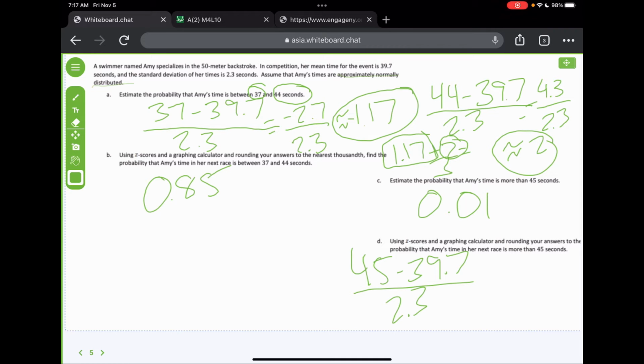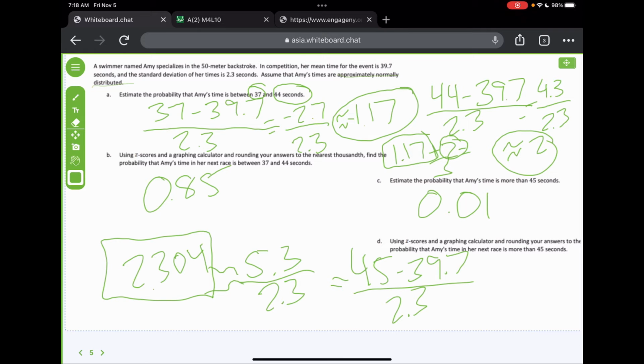Now, if you did this, you would get 5.3 divided by 2.3, which is about 2.304. So now, what does that mean? That means that's not her probability, but that is where she's at on the standard deviations.